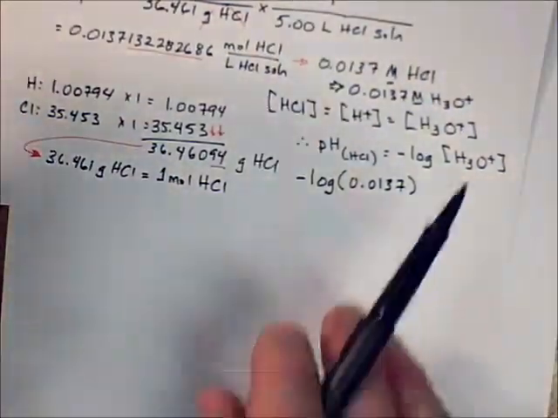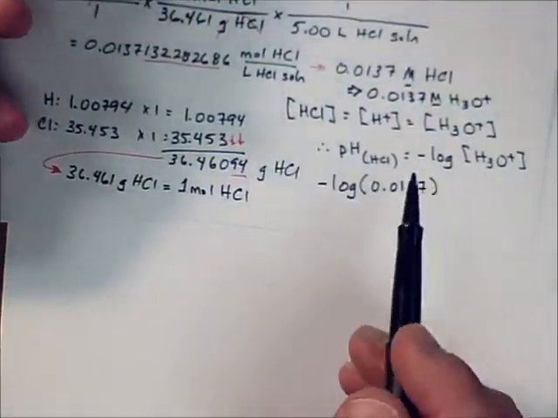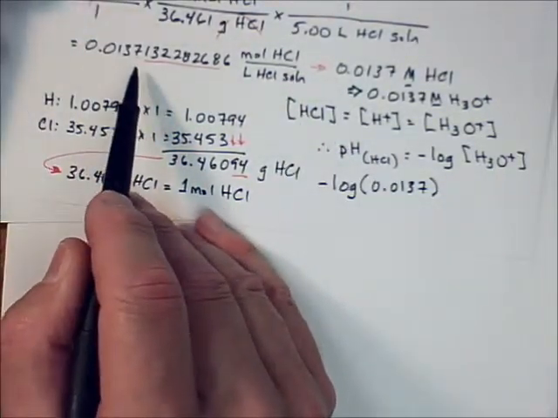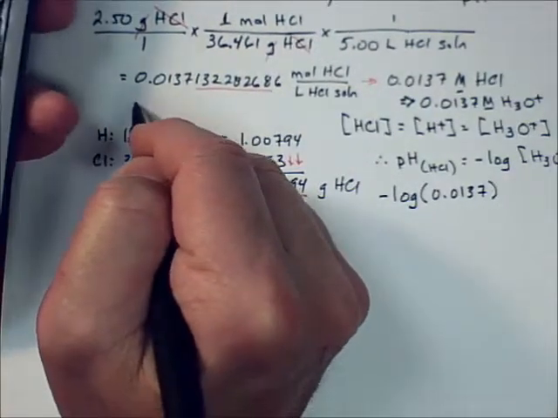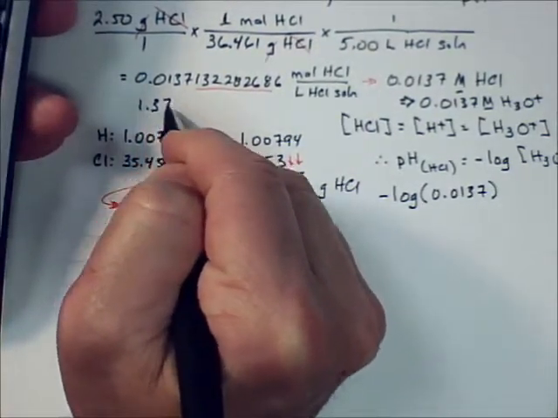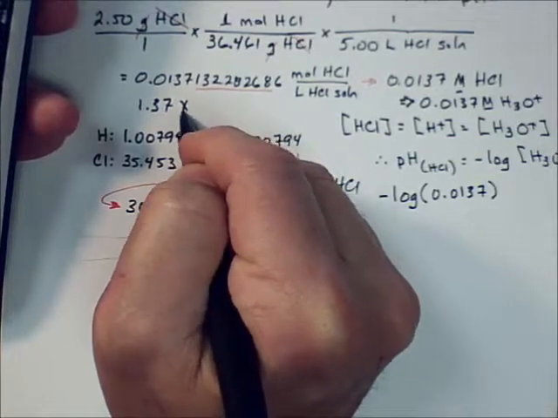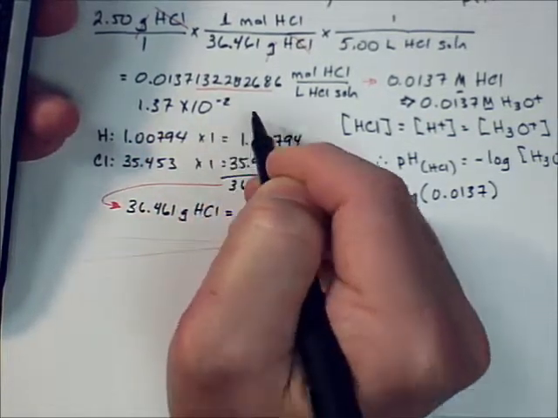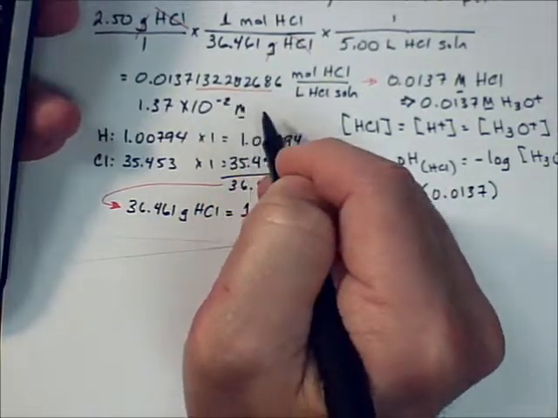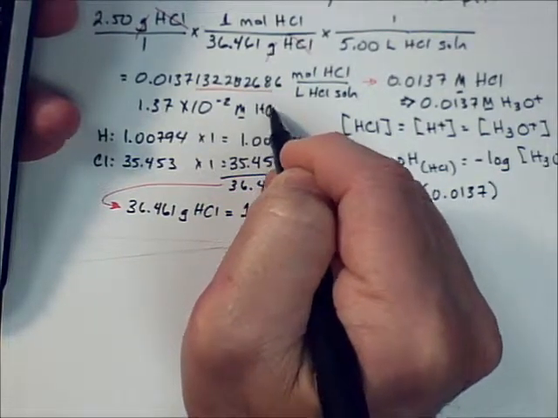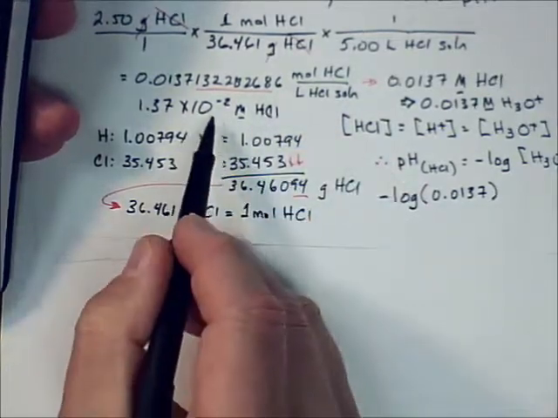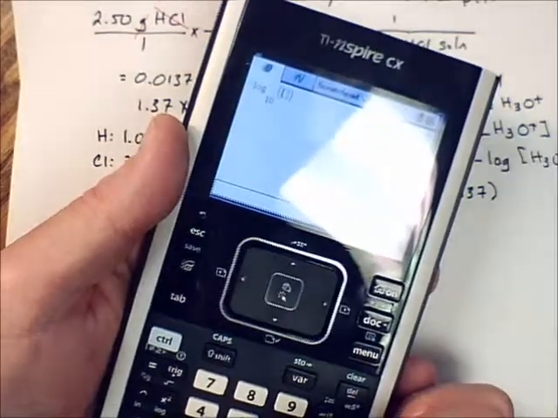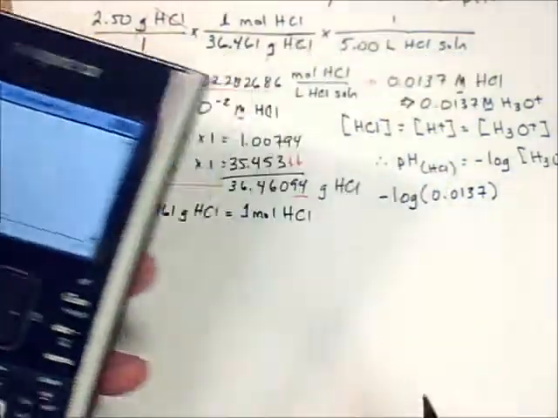All the pH calculations we do are on a base of 10, meaning you have a 10 to some exponent. If we were writing this number as an exponent, we could write it as 1.37 times 10, move the decimal place 2 places, negative 2 molar HCl. So the base here is 10, and LOG, this kind of logarithm, is on a base of 10.